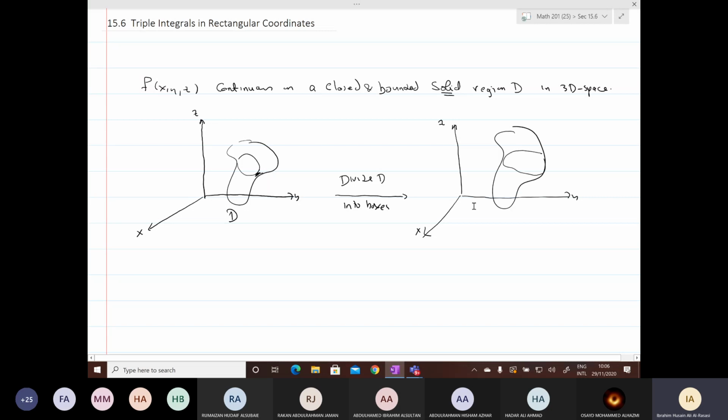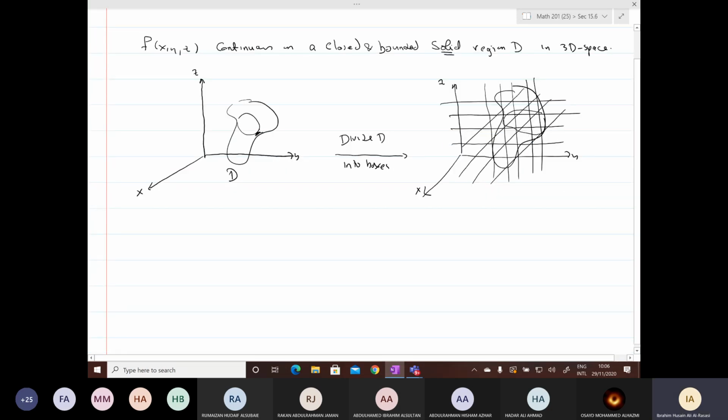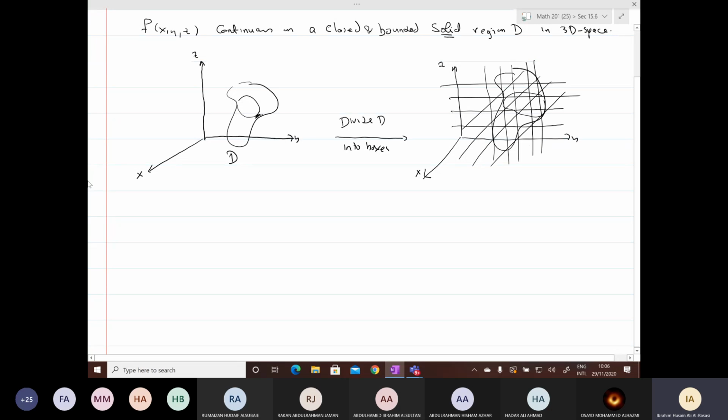You divide it by lines parallel to the x-axis, y-axis, and z-axis. This will divide the solid into small boxes.